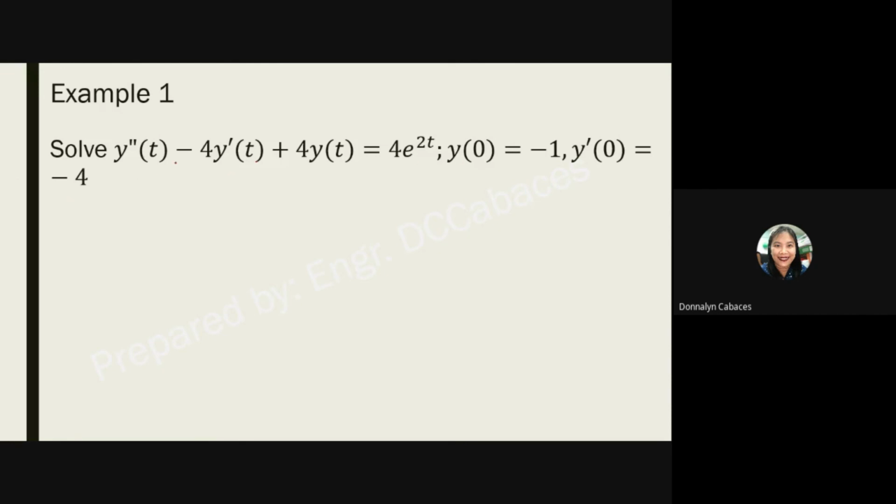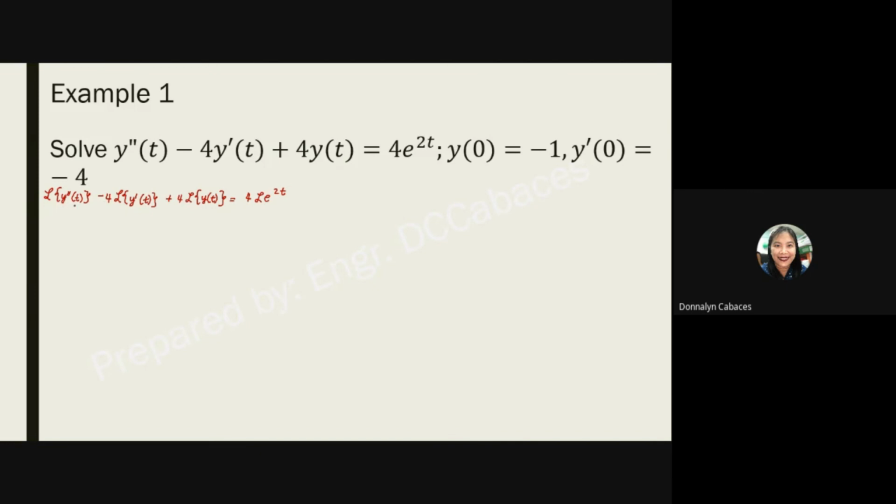So taking the Laplace of all terms of the given differential equation, you have here the Laplace of y double prime of t, minus 4, and applying also the linearity property, minus 4 times the Laplace of y prime of t, plus 4 times the Laplace of y of t, is equal to 4 the Laplace of e to the 2t. Okay?